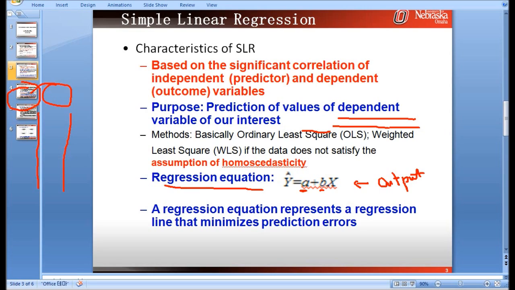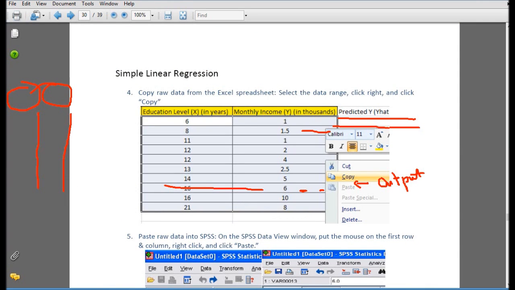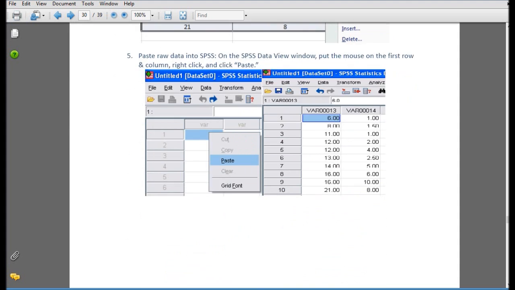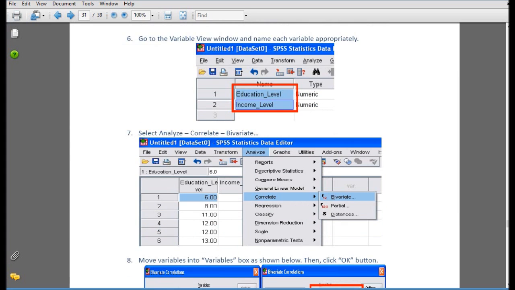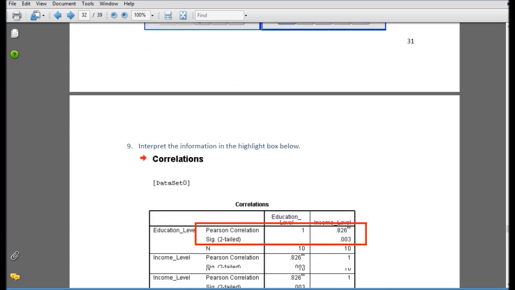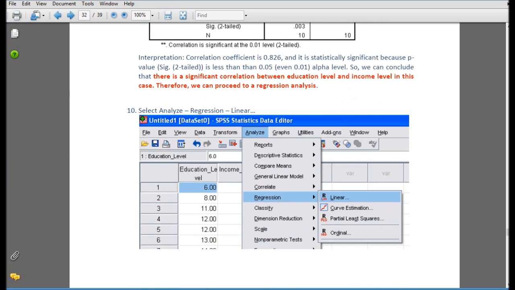Okay. Please refer to the SPSS instructions, the PDF file, as we do this sample analysis. It's from page 32 to 34, from step 10 here to step 13. Okay.